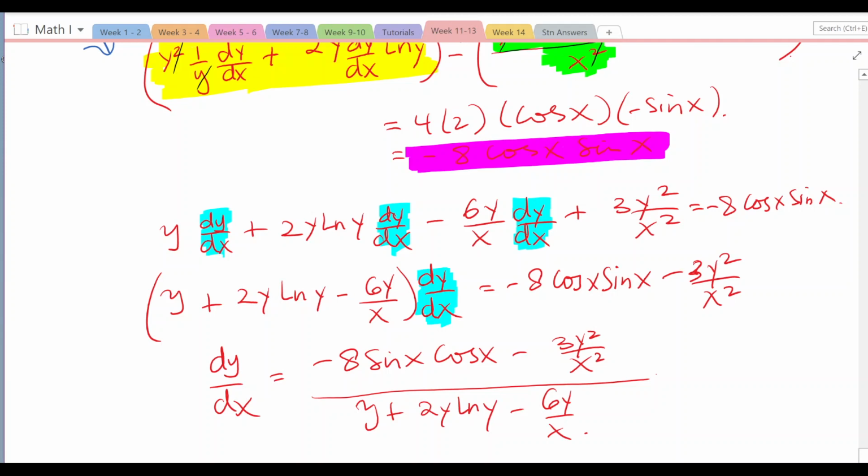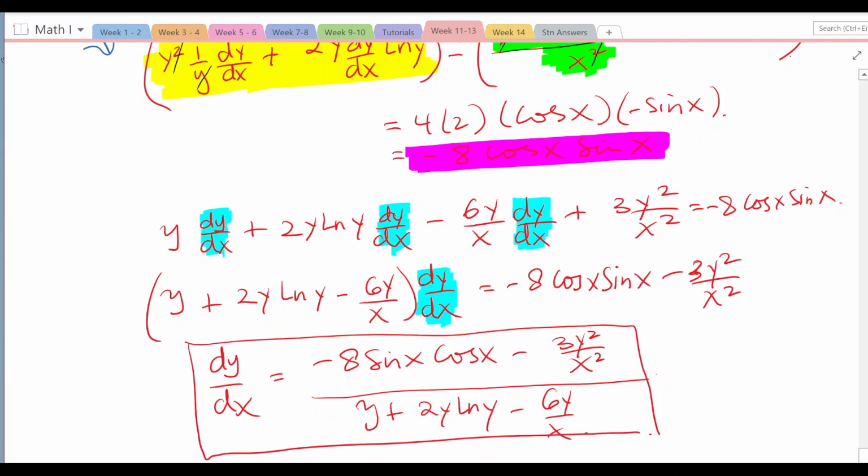That whole thing is the dy/dx of our problem. Okay, so that's the answer for the whole thing.